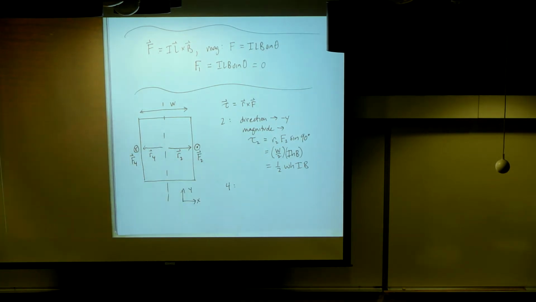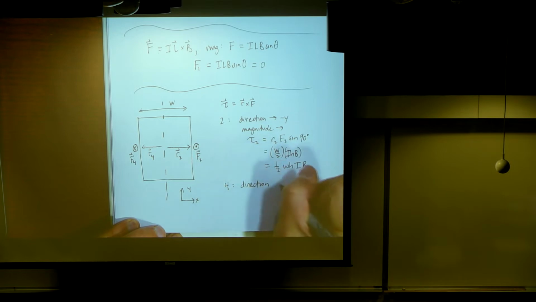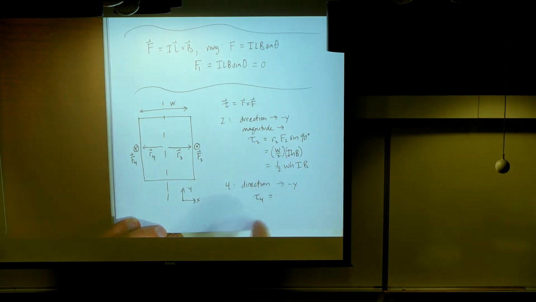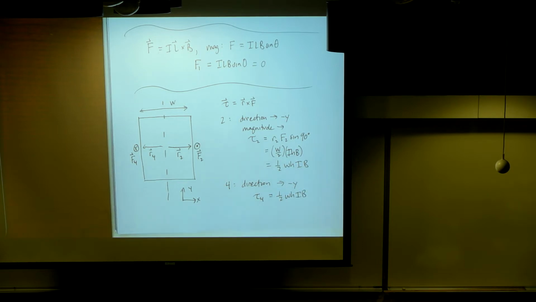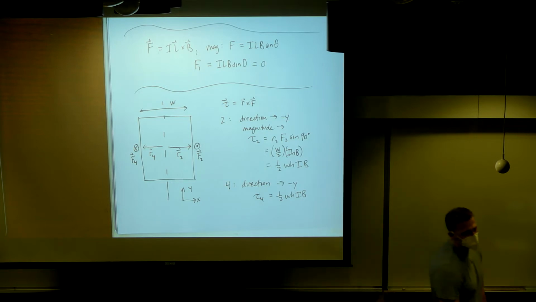They induce the same kind of rotation. So direction is still minus y, and we could go through the work, but the magnitude of this torque is exactly the same. It's just 1/2 WHIB. Okay, so they both have this magnitude, half WHIB, and they both go in the minus y direction. Okay, that's what we found.